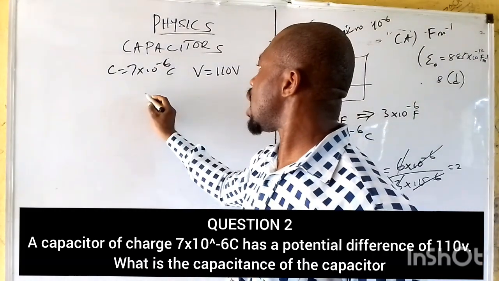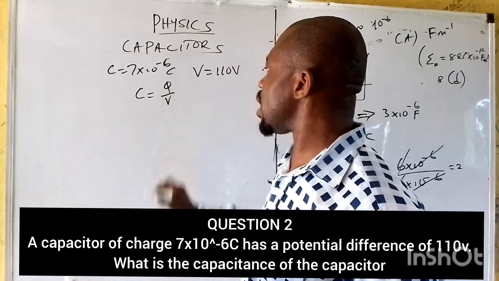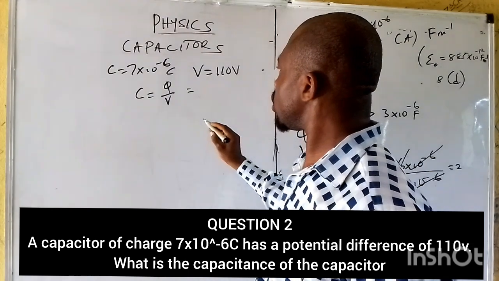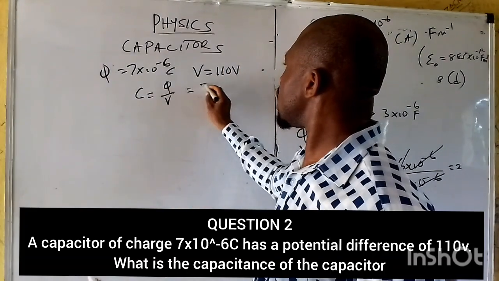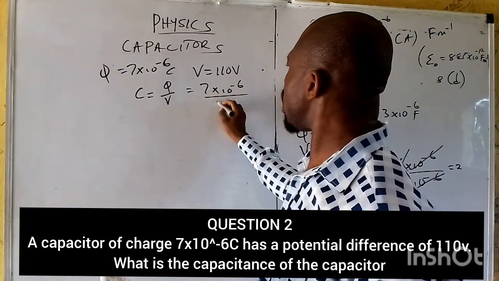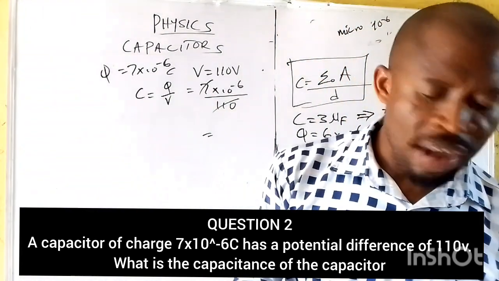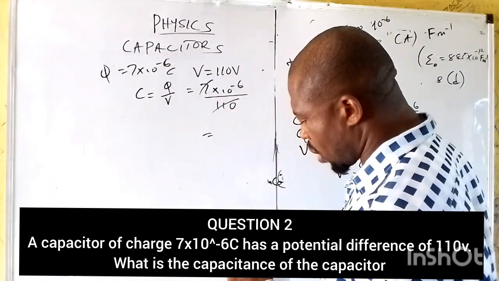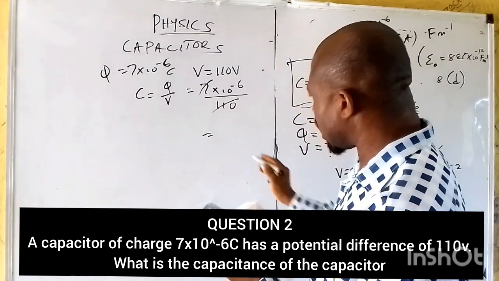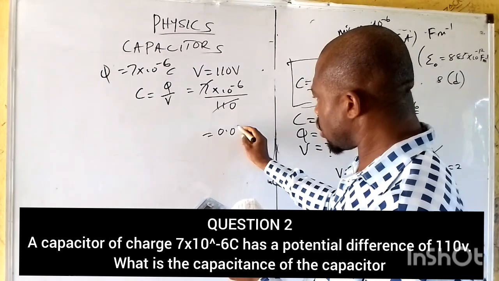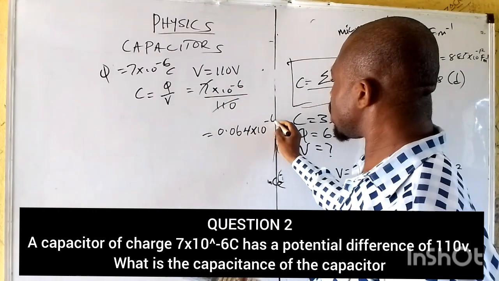So we now have that C is Q over V, which will give us 7 times 10 raised to the power minus 6 all over 110, which gives 7 over 110, that is 0.064 times 10 raised to the power minus 6.